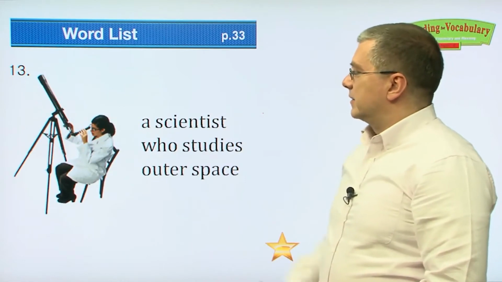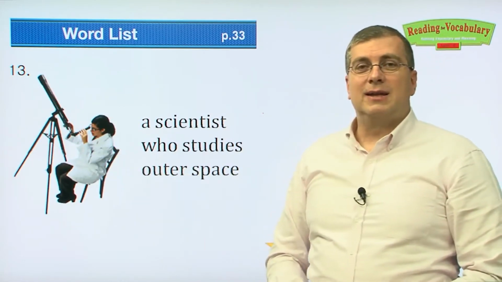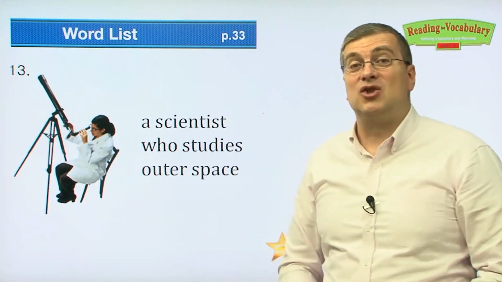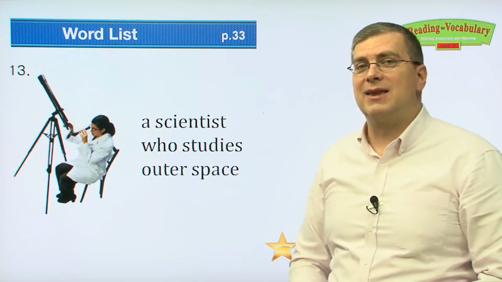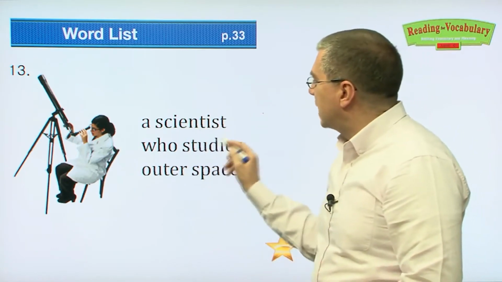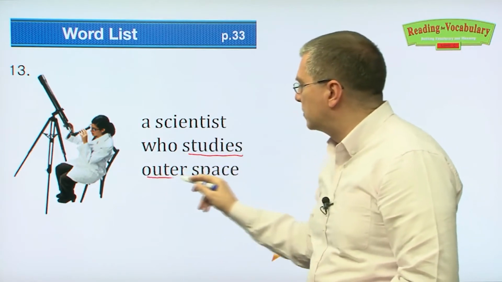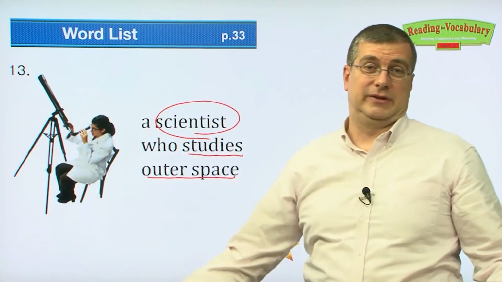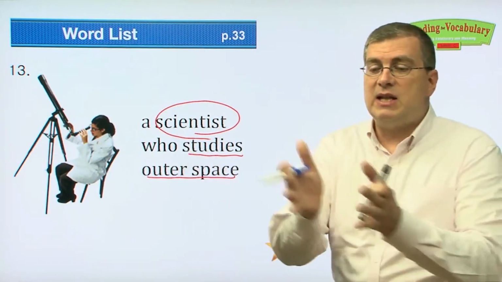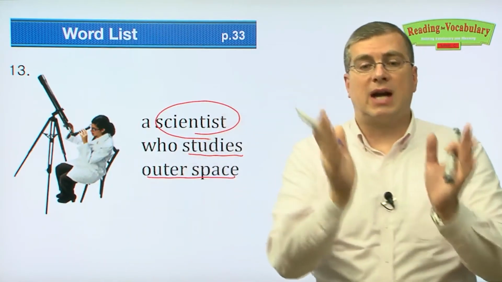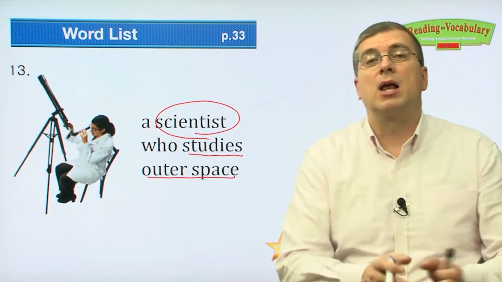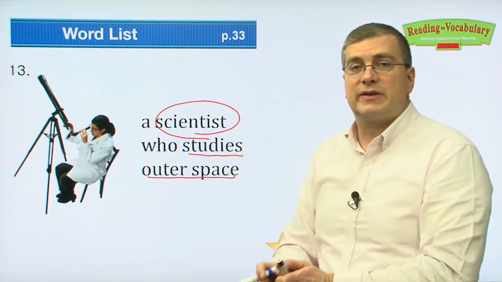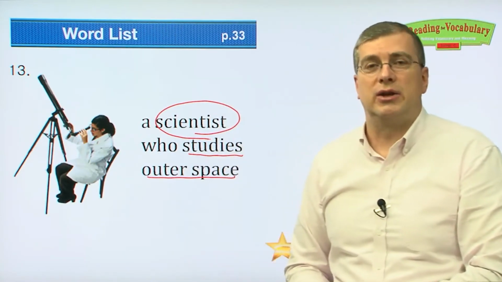A scientist. Do you want to be a scientist like this? This looks like an exciting job, looking and studying the heavens. This is a scientist who studies outer space. Of course, there are many, many scientists. Scientists study different things. Some scientists study life. They're biologists. Some scientists study the earth. They're geologists.